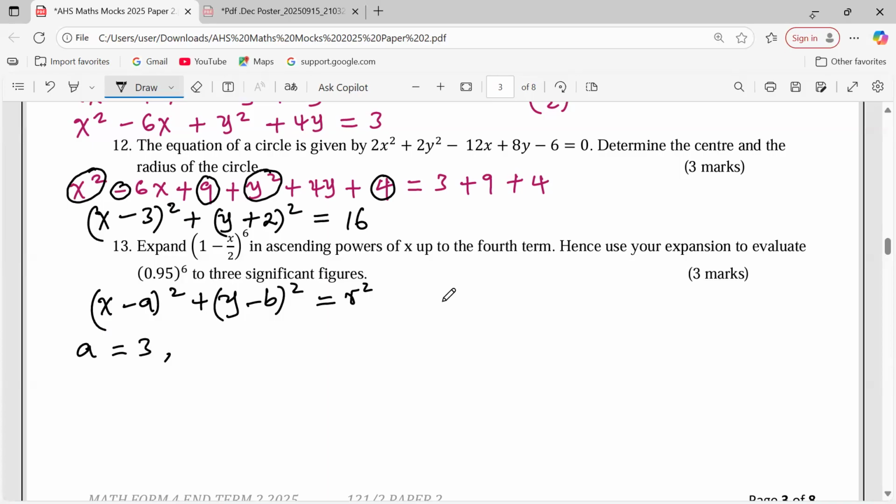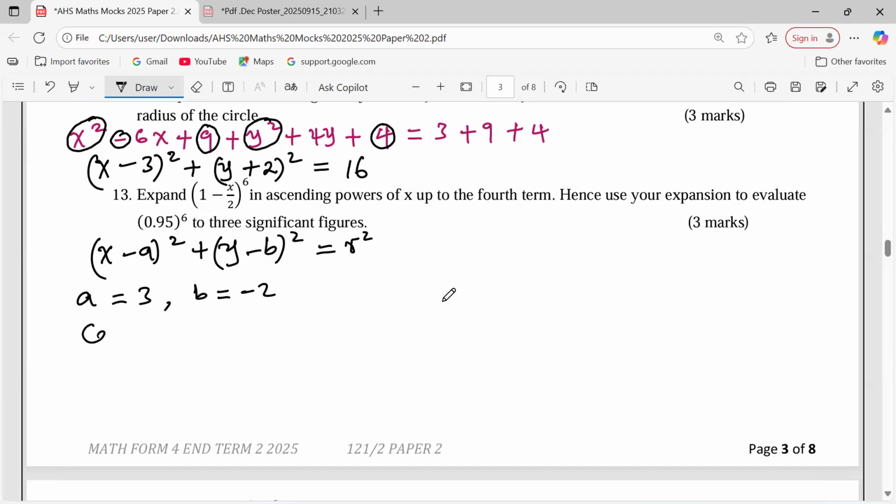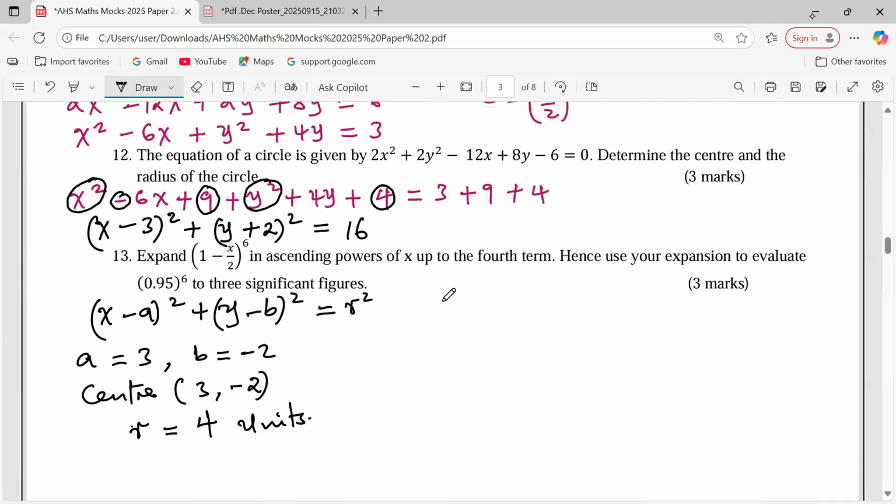Negative b equals 2, meaning that b is negative 2. And therefore, the center for this particular circle is the coordinate (3, negative 2). Then radius squared equals 16, meaning that the radius equals the square root of 16, which is 4 units. Yeah, exactly 4 units.